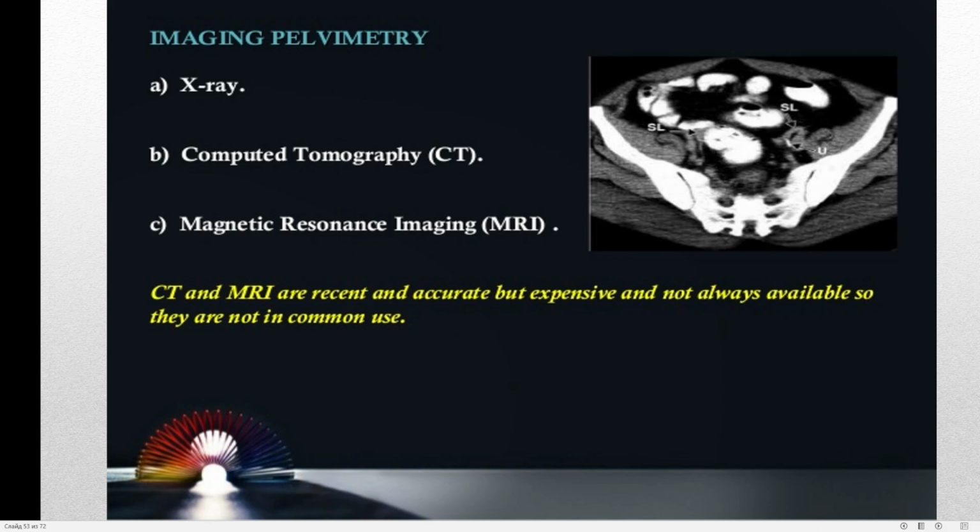Of course, for diagnosis, we can use some other types of pelvimetry. Sometimes we can use X-ray, CT, or MRI diagnosis, but usually in practice we don't do it during pregnancy.